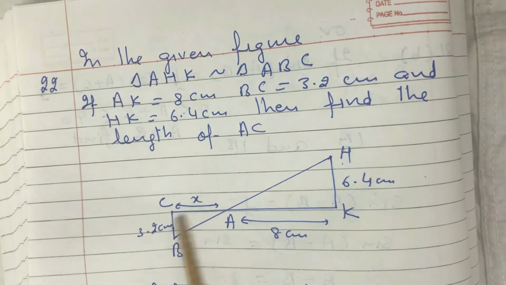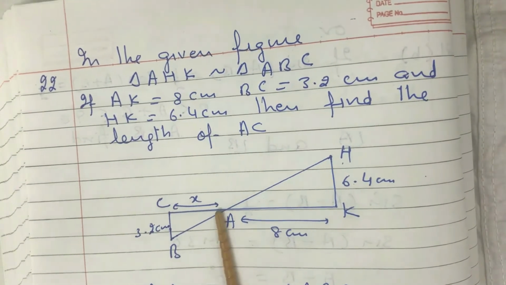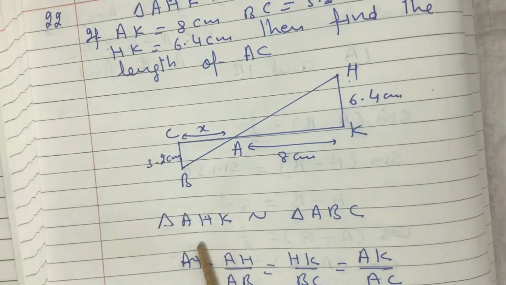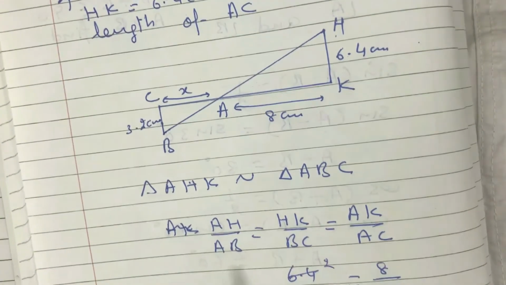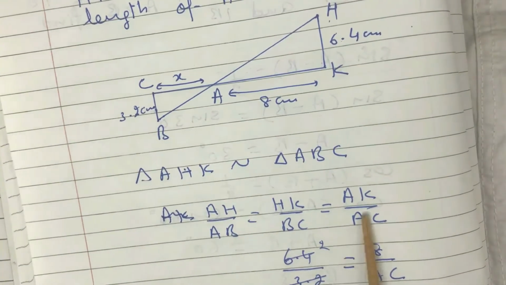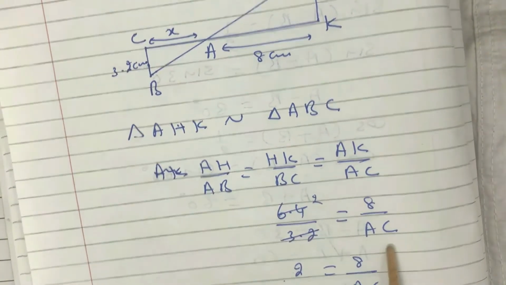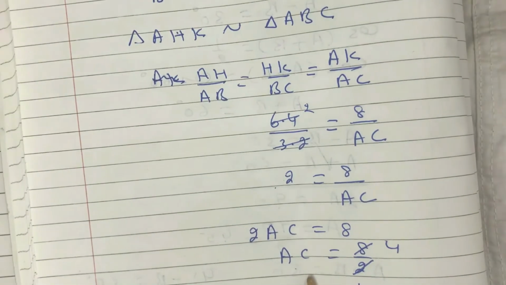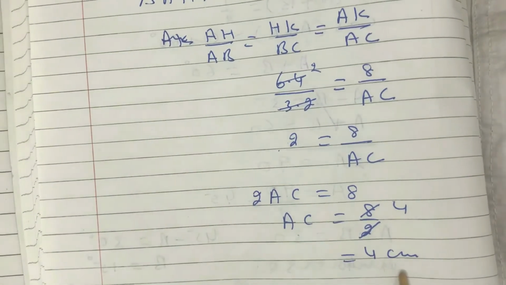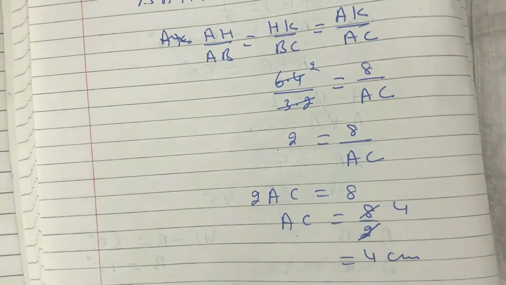I am to find this length. I have taken this as X. Since the two triangles are similar, their sides are proportional. So take the help of this and substitute the values here. You will find the length of AC as 4 cm. So that is the answer.